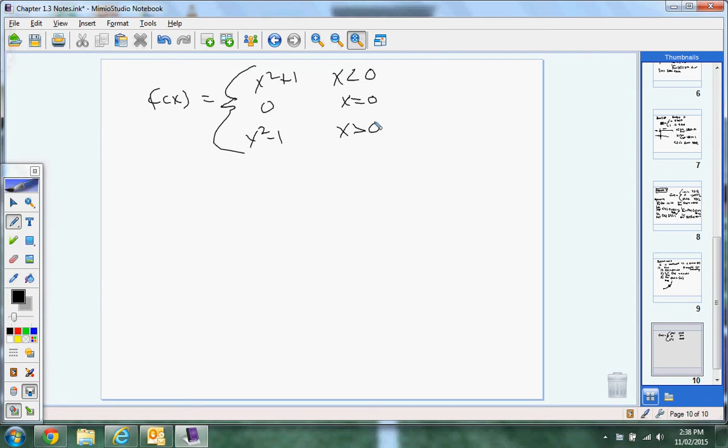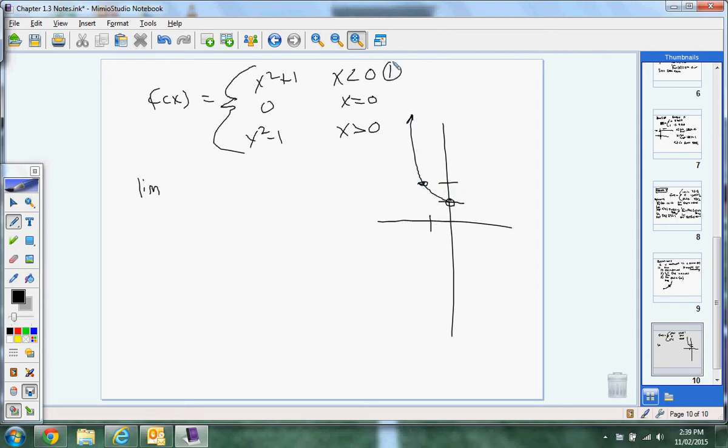Okay, so what we're going to do is look at the limit. Let's graph this real quick. x squared plus 1 means I'm up 1, and it's for x less than 0, so it's an open dot here.